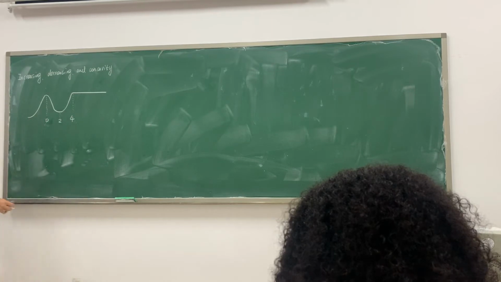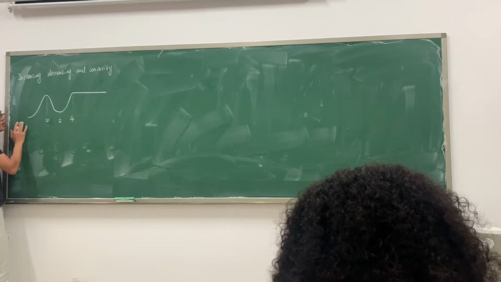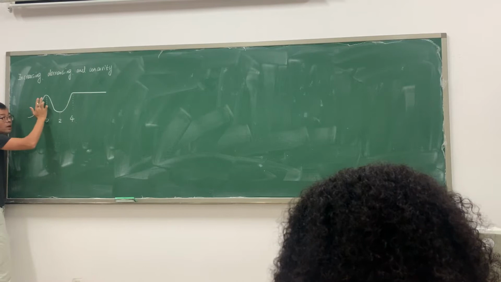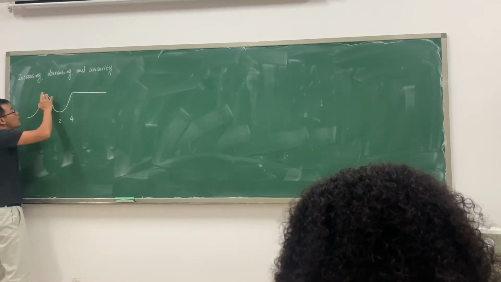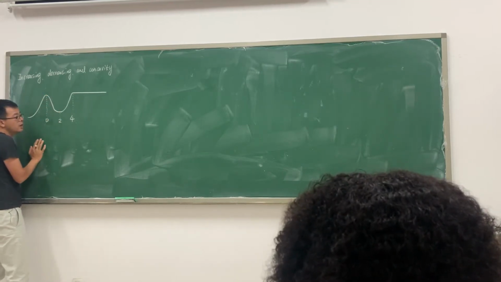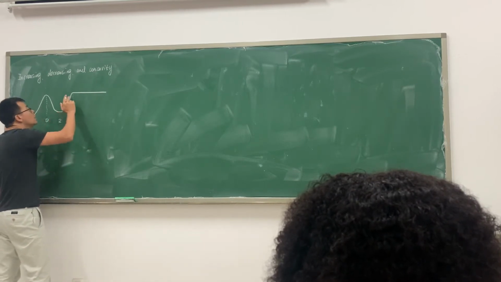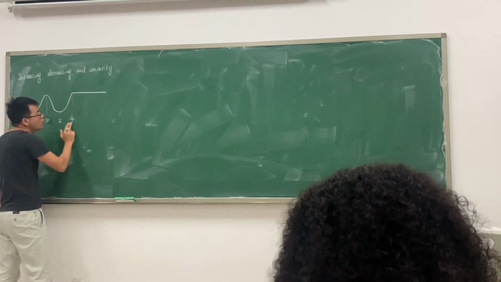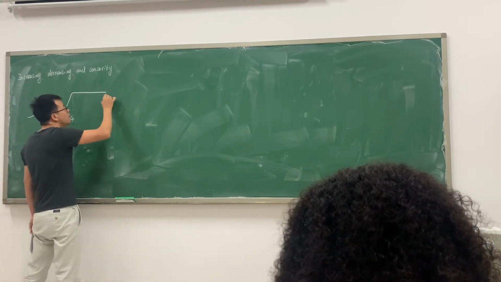So we can see that in this part, from minus infinity to 0, the graph is increasing, and from 0 to 2, the graph goes down, decreasing, okay, and from 2 to 4, here it is increasing, and from 4 to infinity, here it is actually flat.